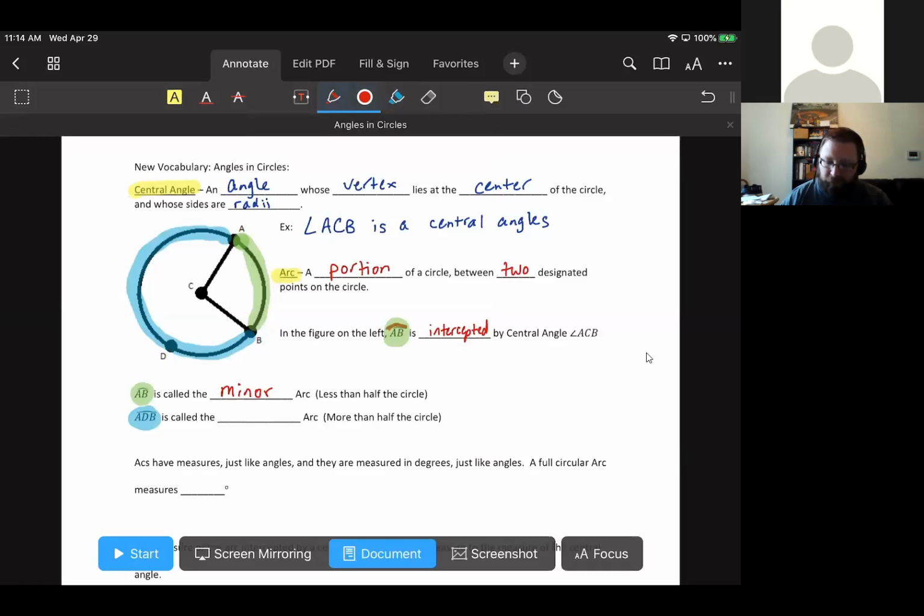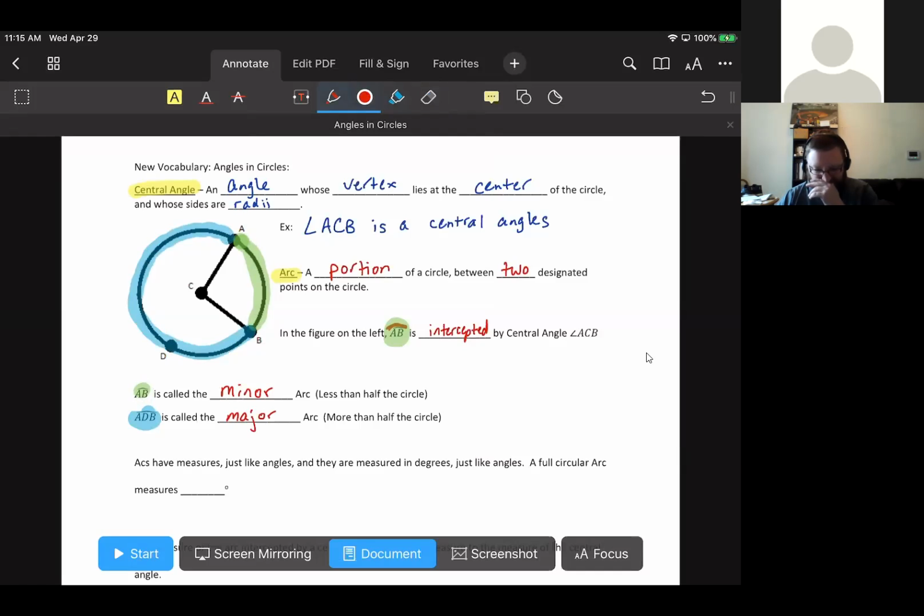And then the big arc, we actually have to use 3 letters to name the endpoints and 1 point in between. So if you notice, with the blue highlighter there, I just showed it. I'll do it one more time here. This is our major arc, A, D, B.